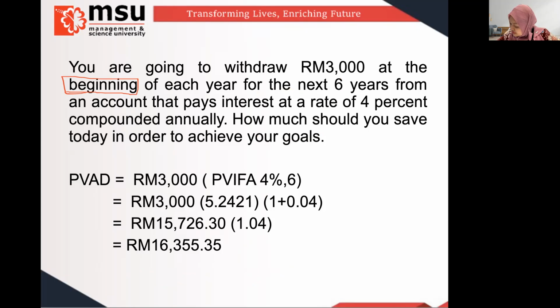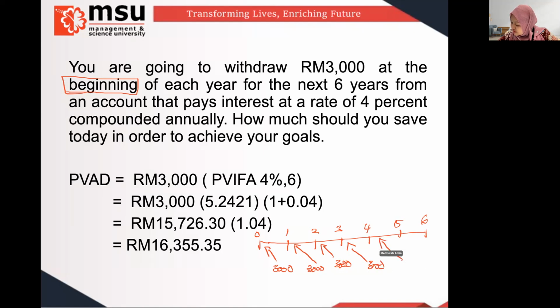So the payment of this 3,000 will be received at the beginning of each year. At the beginning of year 2, there is 3,000. At the beginning of year 3, there is another 3,000. At the beginning of year 4, another 3,000. At the beginning of year 5, another 3,000. At the beginning of year 6, there is a payment of 3,000.